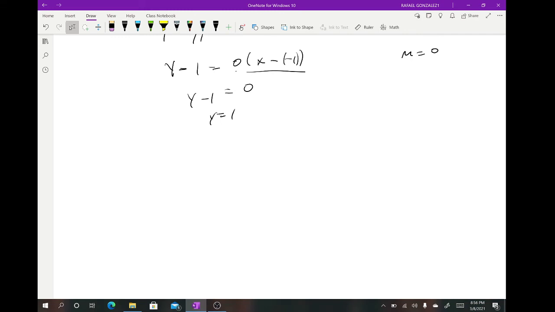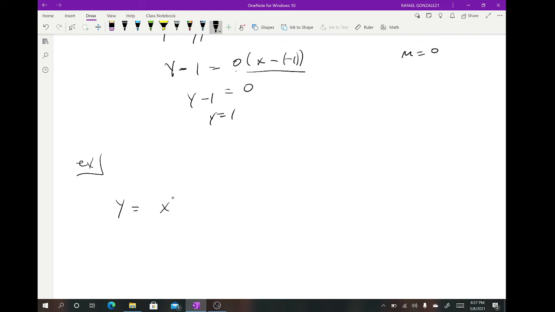Now, I want to show you one more thing. Let me do another example, when using the quotient rule and using the constant multiple rule. Sometimes it is easier to first use the constant multiple rule and then take the derivative.